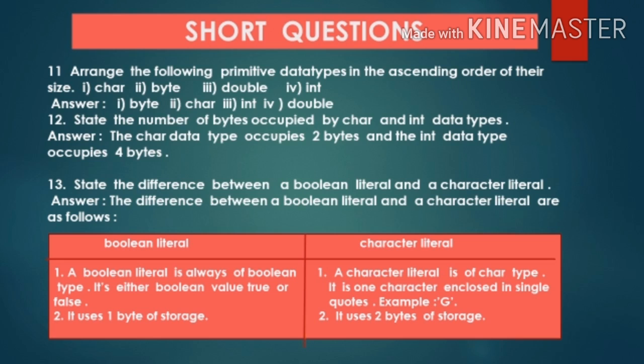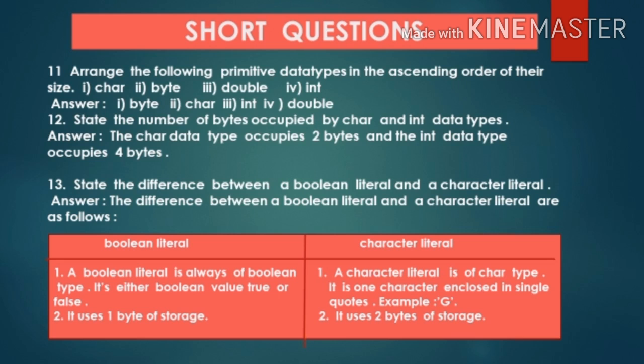Answer. The differences between a character literal and a Boolean literal are as follows. Boolean literal. Number 1. A Boolean literal is always of Boolean type.